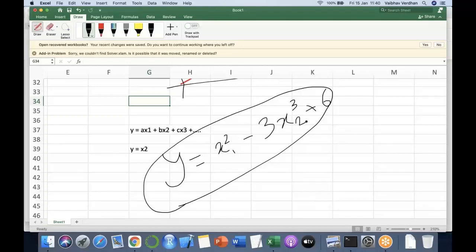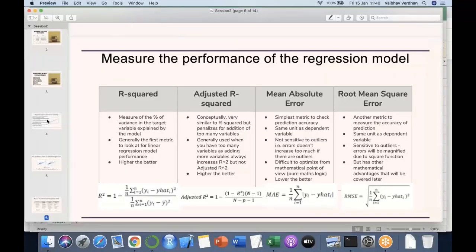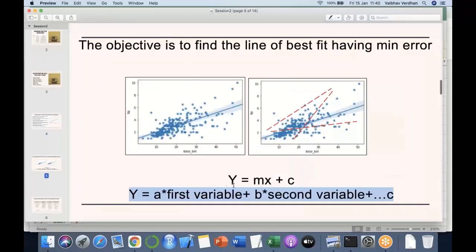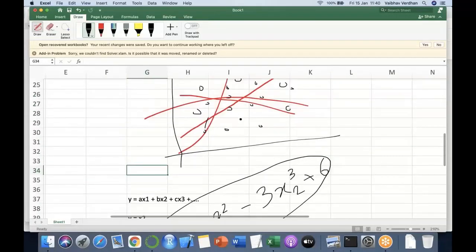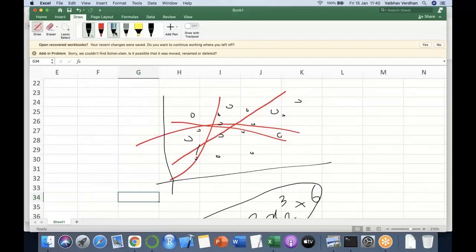If this is the relationship between your variables, it is also a regression problem, though non-linear. So if you extend this linear regression problem to a non-linear one, you would get something like this. But ultimately, at the end of the day, you want to get this line of best fit, which is able to define and help you understand the relationship between your variables. That is your objective, always.